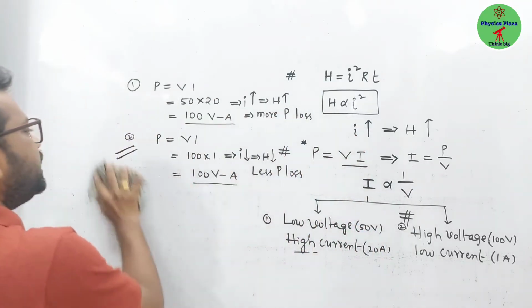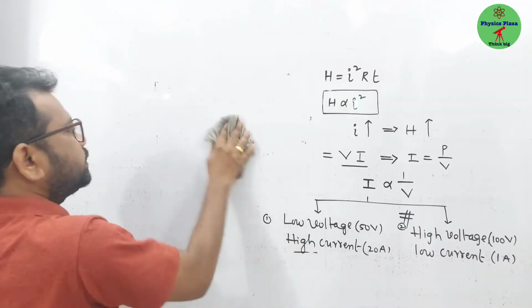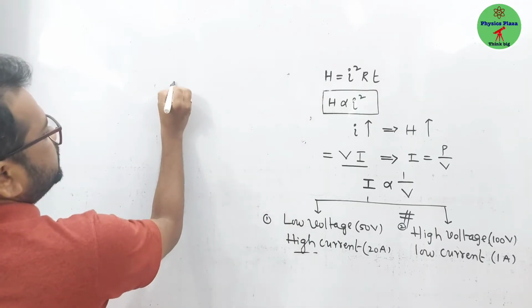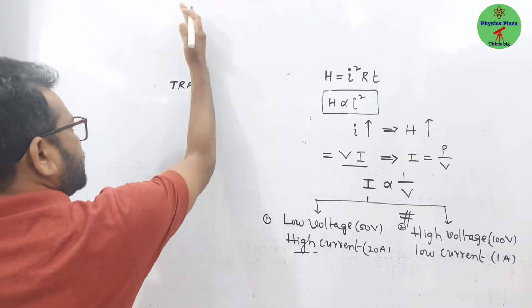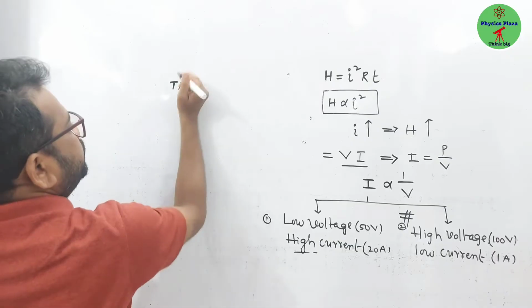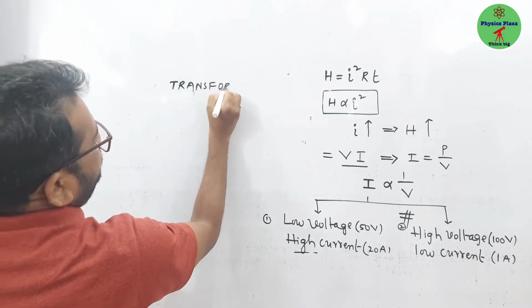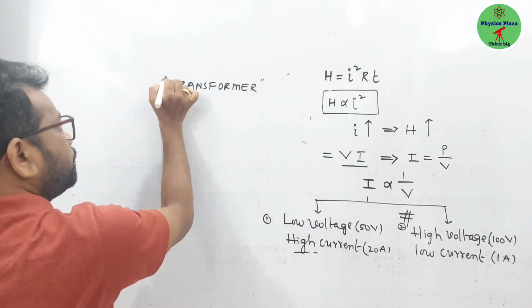Children, we even need to know about one more device here. What is the device? Transformer. Here we are going to discuss the transformer. Children, a transformer is not a device which gives you power or current.